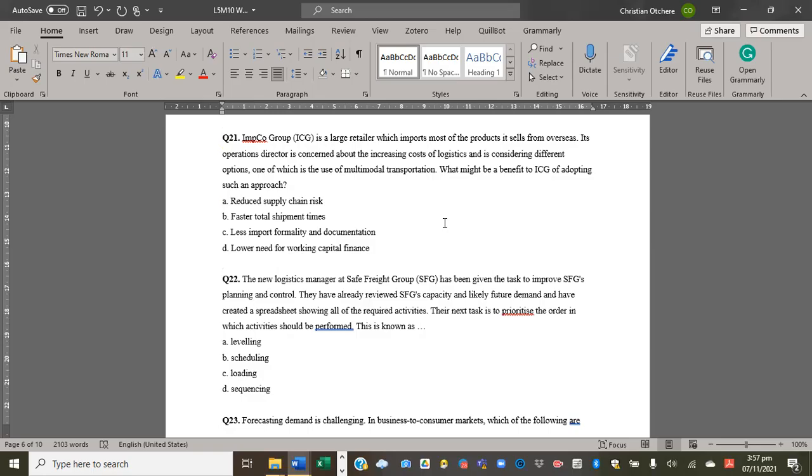What might be a benefit to IMP Co of adopting such an approach? I think we've looked at a similar question before on multimodal transportation. So, which of the following will be the benefits?